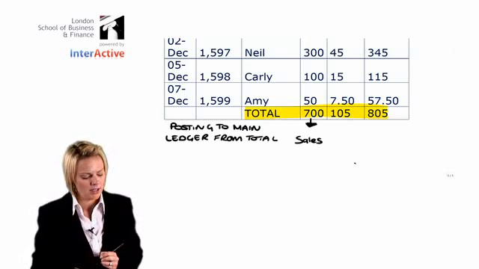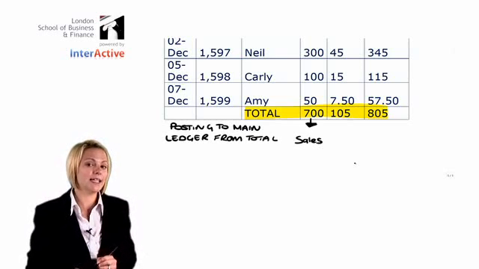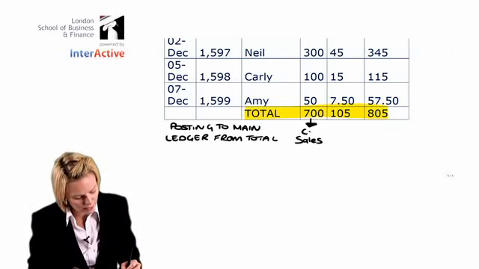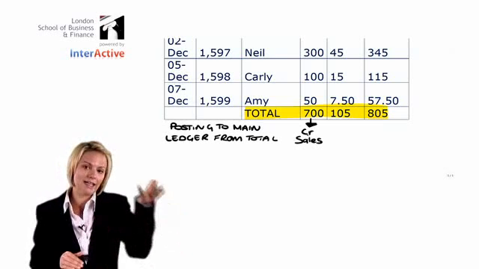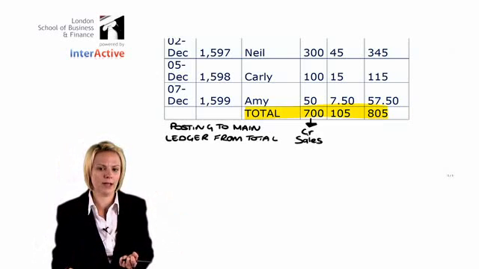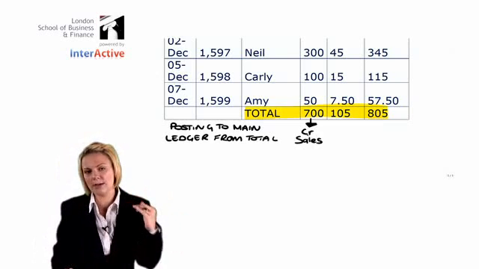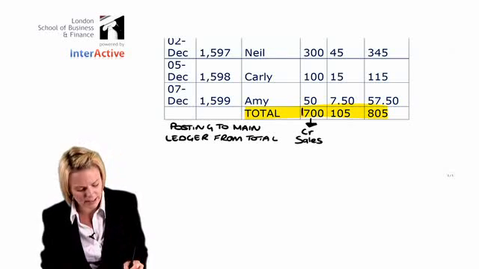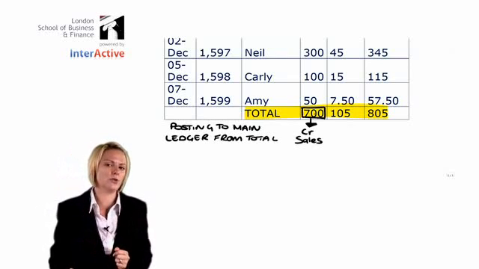What we're doing there is increasing income, so we're going to credit and increase our sales income account. But rather than doing it 4 times over, we're just going to post it with the 700, the net total.